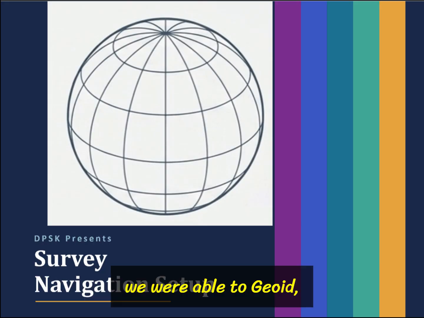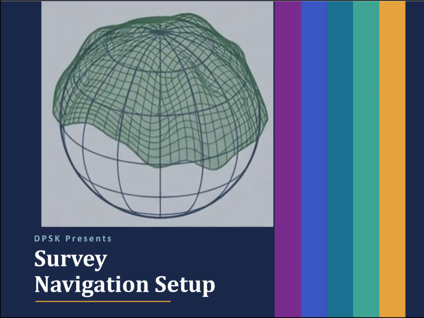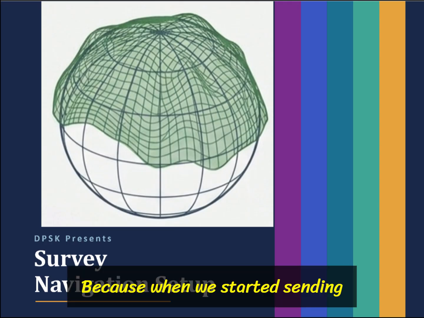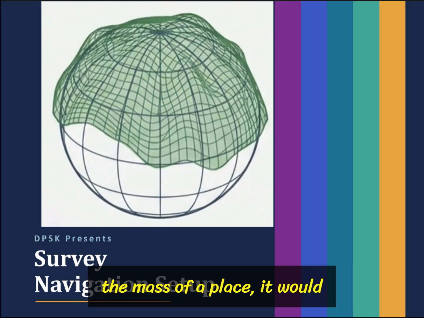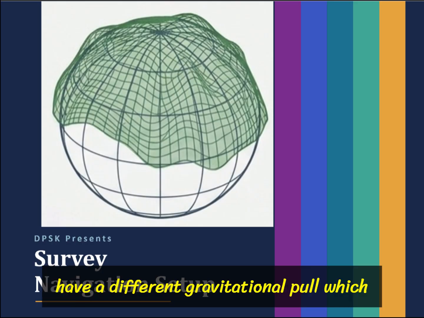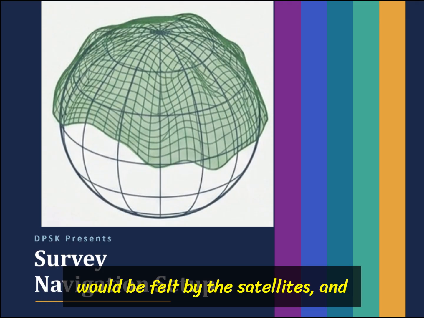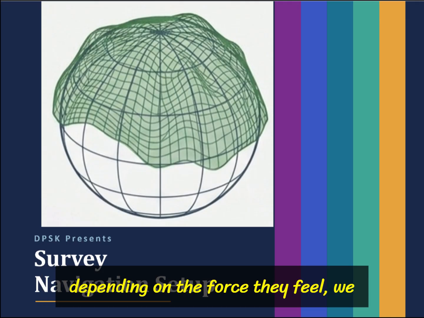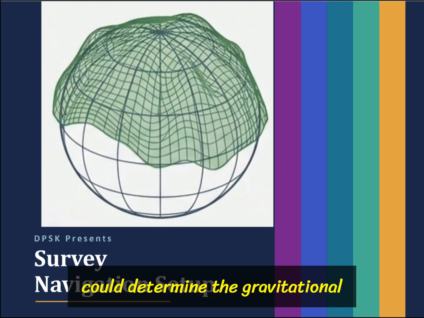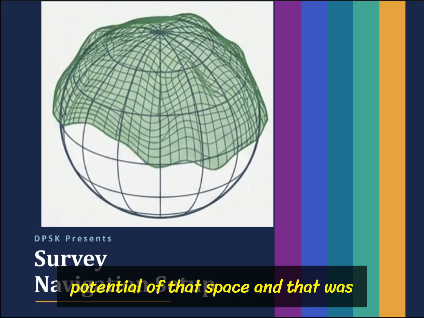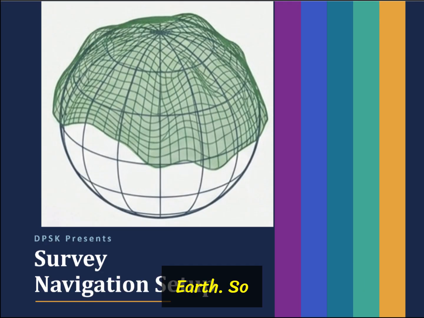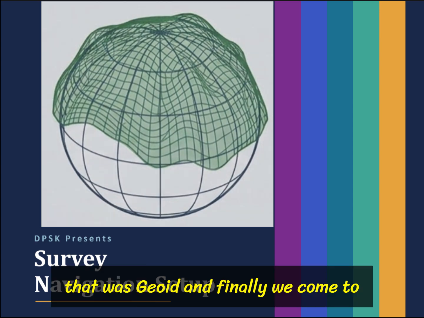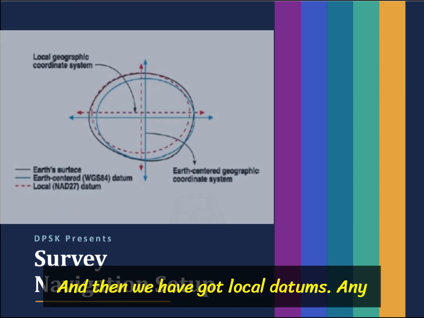Then we were able to generate the geoid, the gravitational equipotential surface, because when we started sending satellites in orbit, depending on the mass of a place, it would have a different gravitational pull, which would be felt by the satellites, and depending on the force they feel, we could determine the gravitational potential of that space, and that was a much more precise shape of the Earth. So that was geoid, and finally we come to datum, and then we have got local datums.